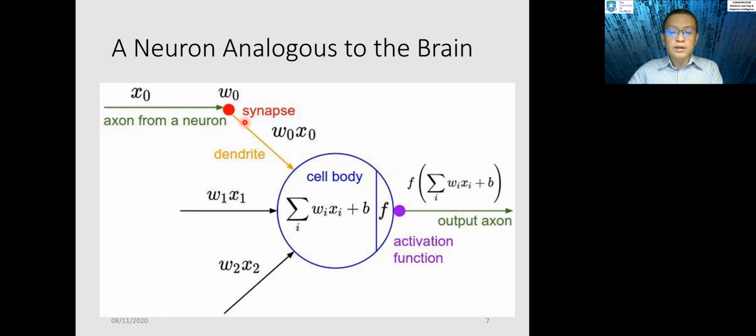And this is the synapse, which provides the weight of this input axon. And in the neuron itself, we do some computation, and there's an activation function to generate an output, in analogy to an output axon.